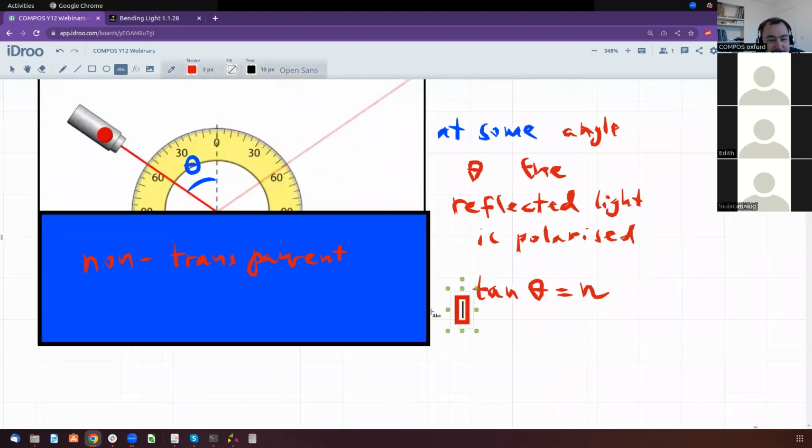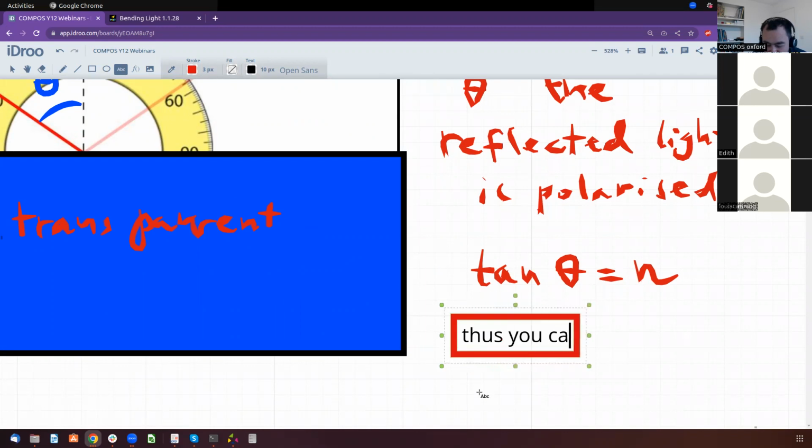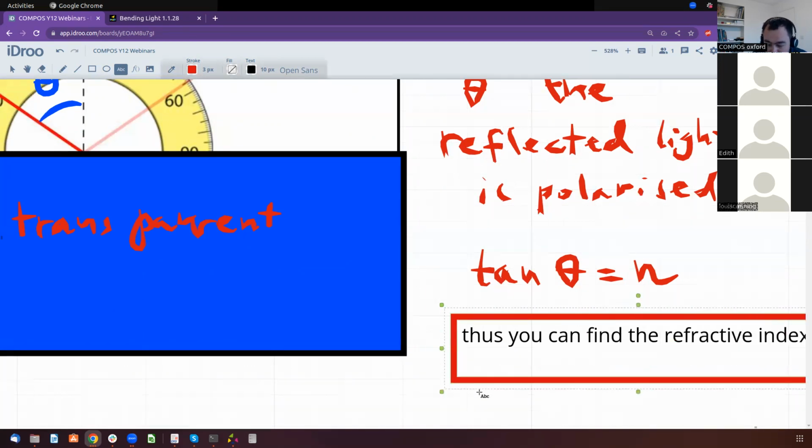Now, if you ask me why we need it, I don't remember, but it certainly has applications. It's just I don't remember which ones exactly. So thus you can find the refractive index of a non-transparent material.